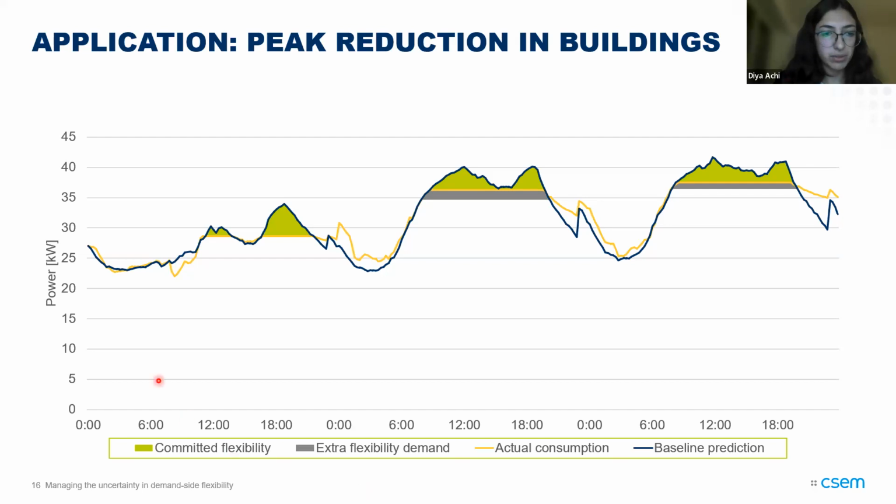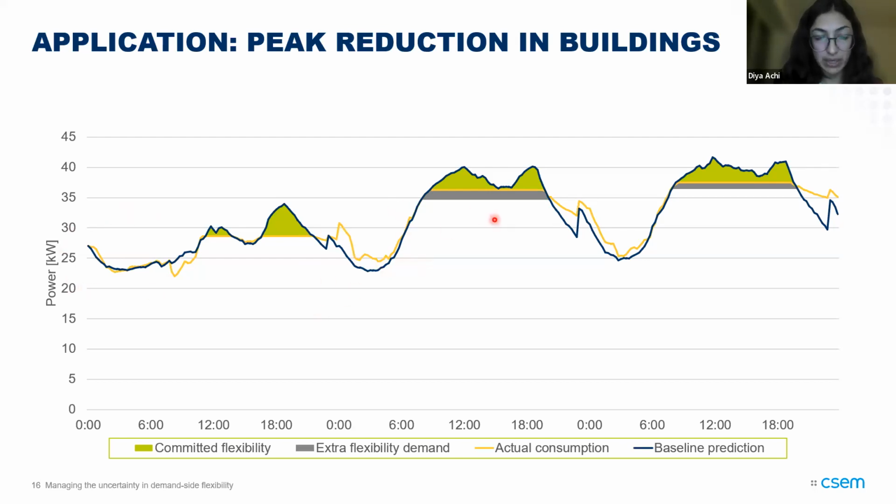What's interesting to see is that you have the dark line, that's the baseline prediction. You have the green, which is the activated flexibility. You have in yellow the actual consumption of the buildings, and you can really see that when there's no request, we follow quite nicely the baseline.